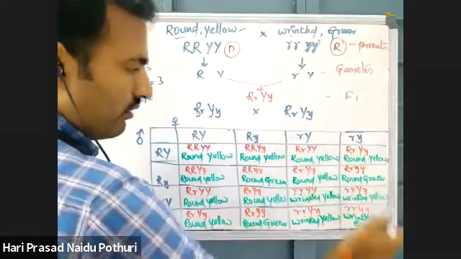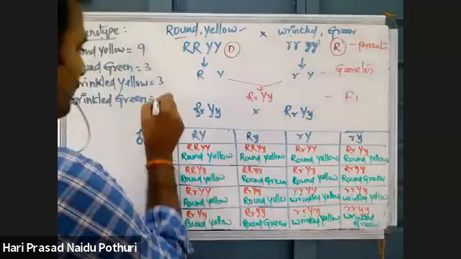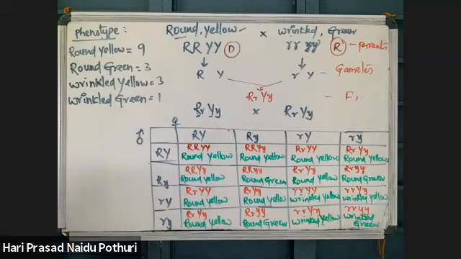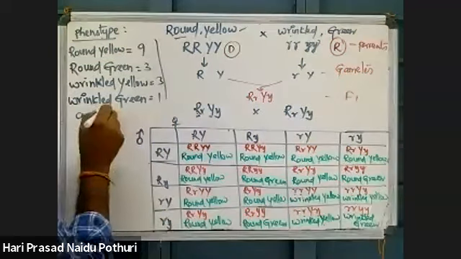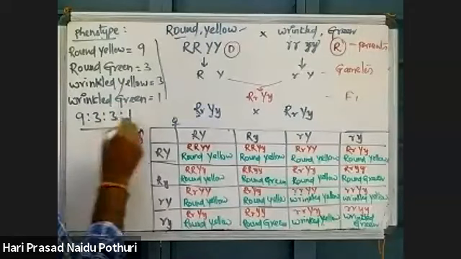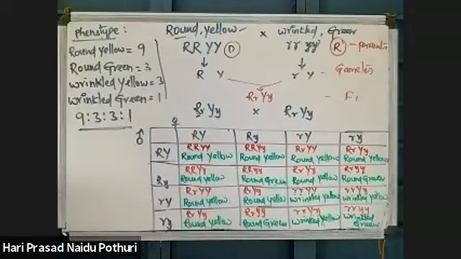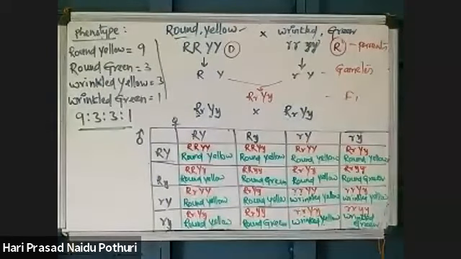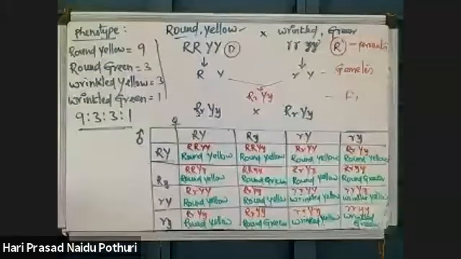How many wrinkled green? 1. So what is the phenotype ratio? 9:3:3:1. 9:3:3:1 is the phenotype ratio of your dihybrid cross. Note down this, Punnett square and phenotype also.